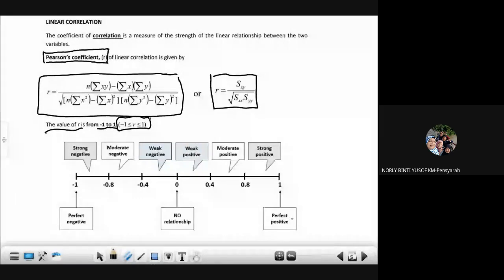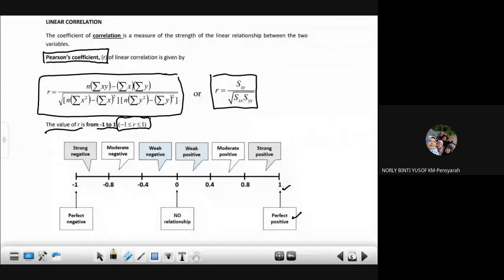So dia akan jadi perfect positive ni kalau 1. Tapi kalau value you di antara 0.8 dengan 1, contoh 0.9. So nanti you akan interpret, dia akan jadi strong positive dalam determine untuk jenis R tu lah. Strong positive untuk you punya R. Tapi kalau you dapat nilainya in between 0.4 and 0.8, contoh 0.5. So dia akan jadi moderate positive.